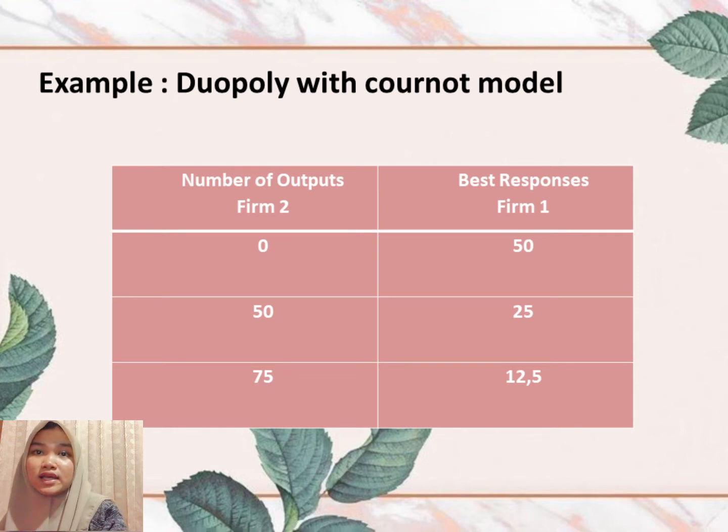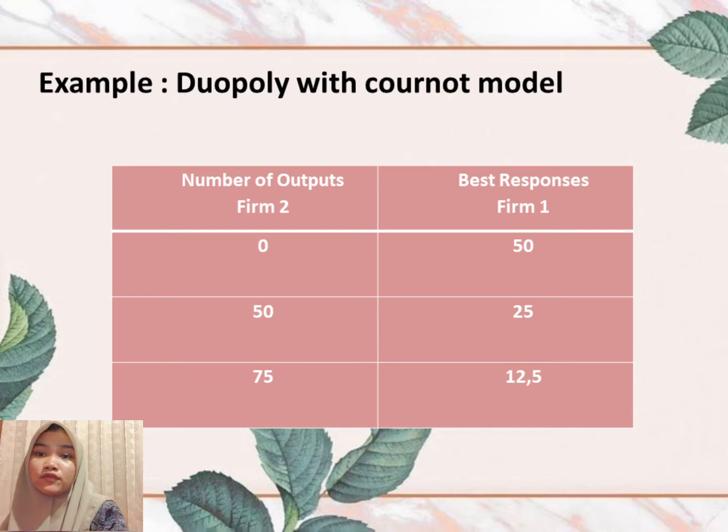And next, when firm 1 believes that firm 2 produces 50 units of the goods, the demand curve it faces is the remaining demand, i.e. the market demand curve shifted to the left by 50 units. With this assumption, the company will produce 25 units at the condition MR150 equals MC1.